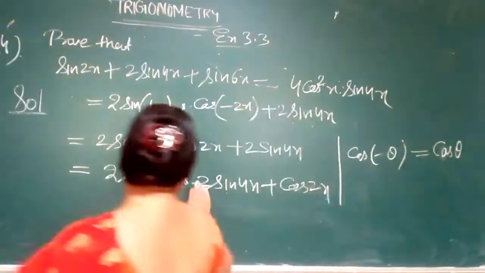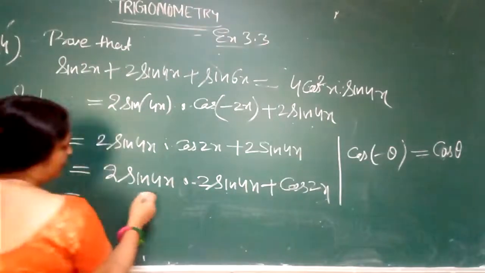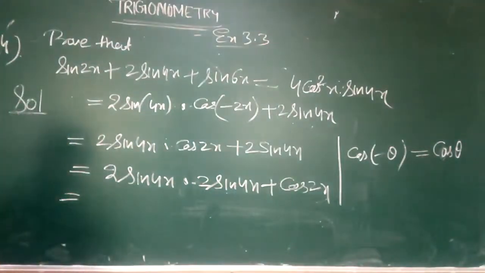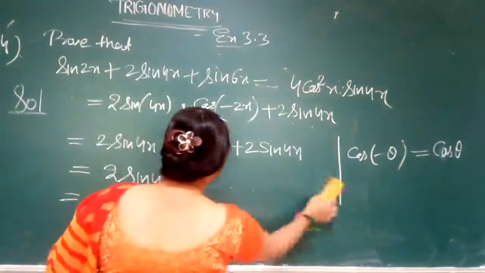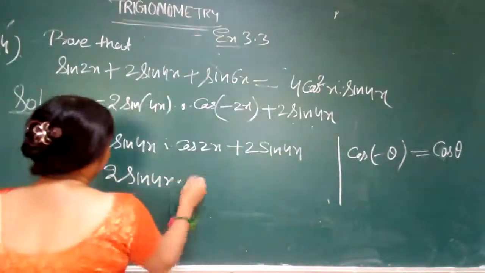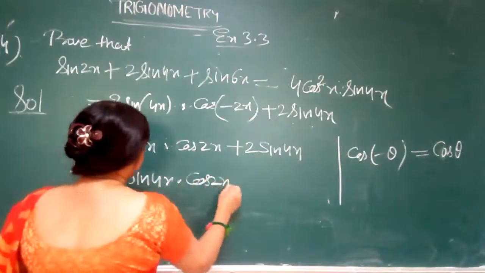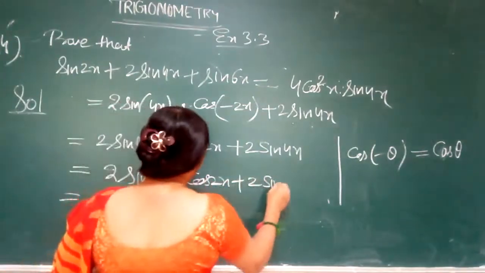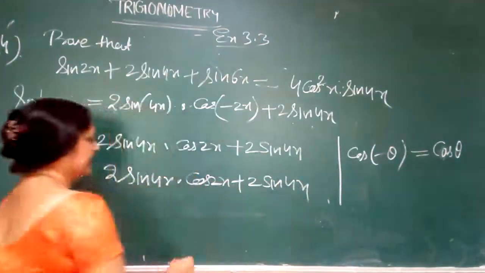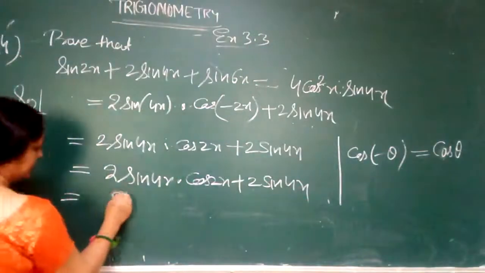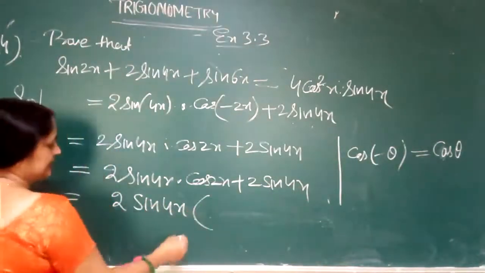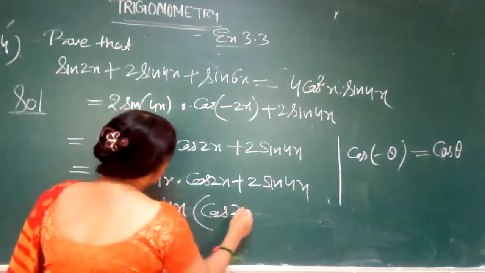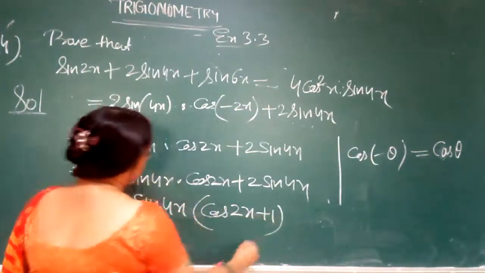After that from these two terms it will come 2 sin 4x into cos 2x plus 2 sin 4x. We will take 2 sin 4x common. What is left here? That is cos 2x plus 1.